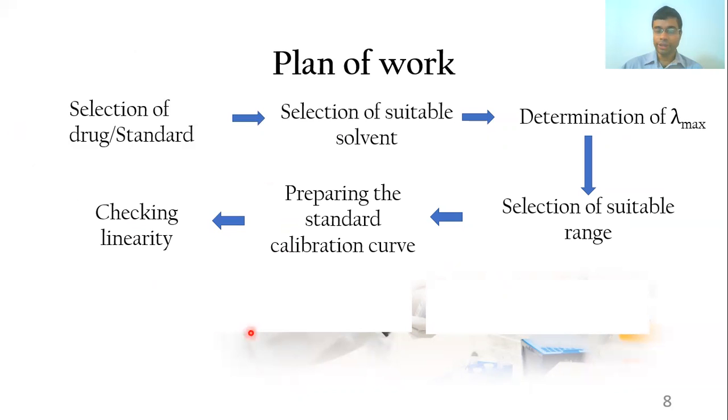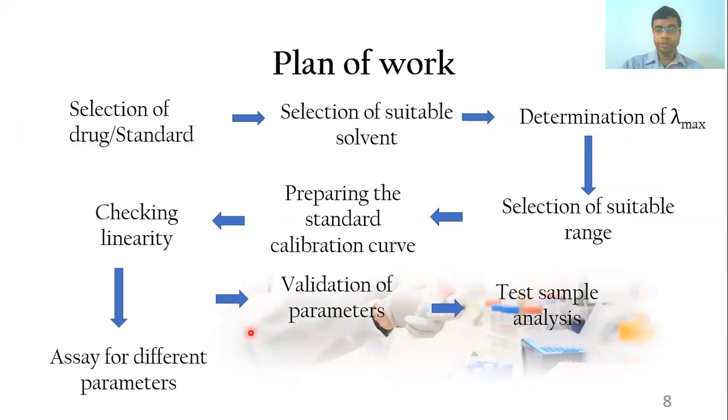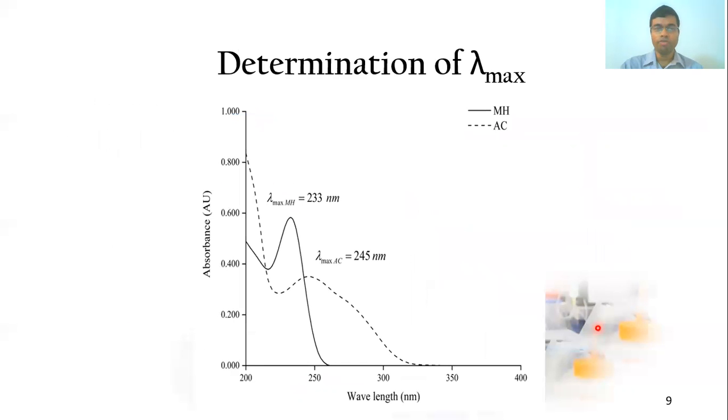Then we have to check the linearity as well as the other assay parameters. Right. So what are these validation parameters? That's a question, right? I will be discussing the validation parameters in one of my next slides. Then finally, we can do the test sample analysis. So that is our plan of work.